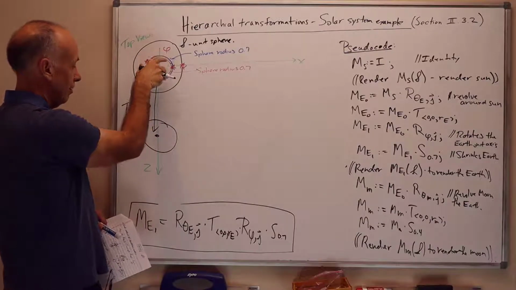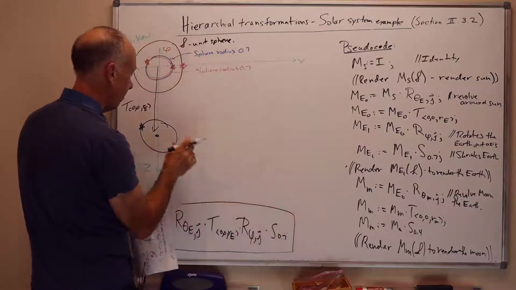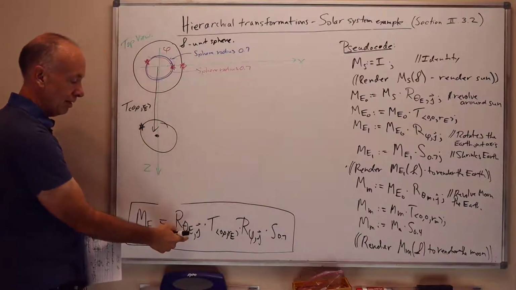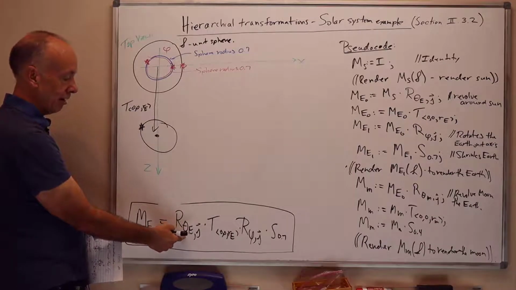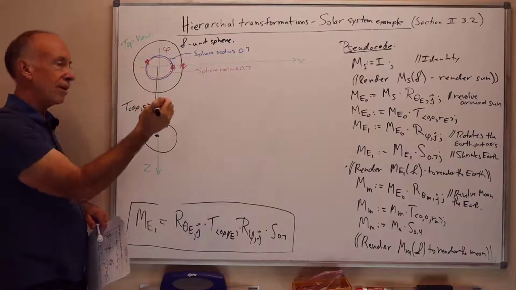And when we apply the translation, those three matrices multiply together, apply to S, put it here, still a radius 0.7. Now we rotate. Rotate means rotate around the origin through angle theta e. Rotation axis is the j-axis. The direction is given by the right-hand rule.